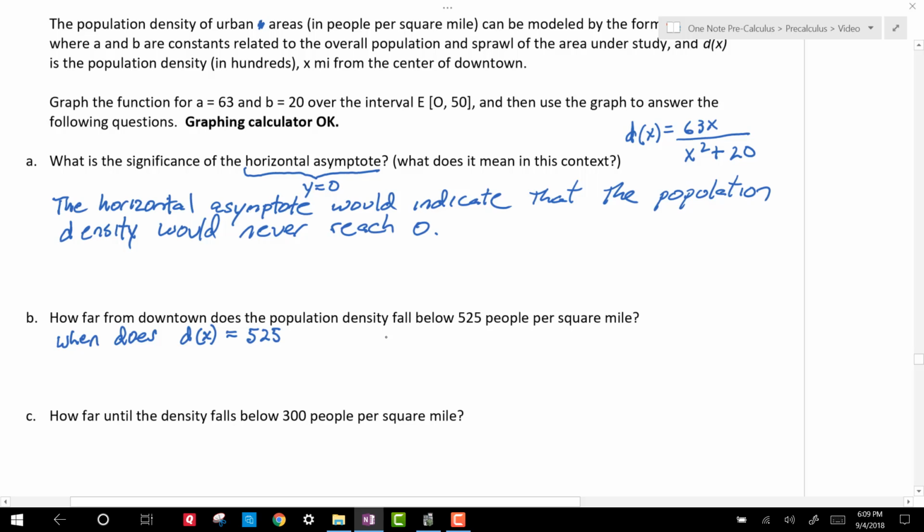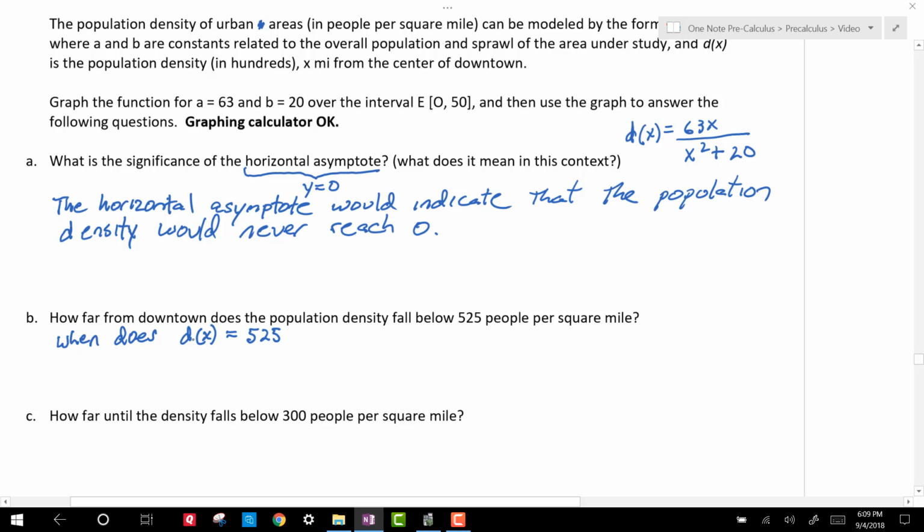Now I know it talks about being less than that, but if I know where d of x is equal to 525, then I can say everything below that fits my question here. So when does d of x equal 525?